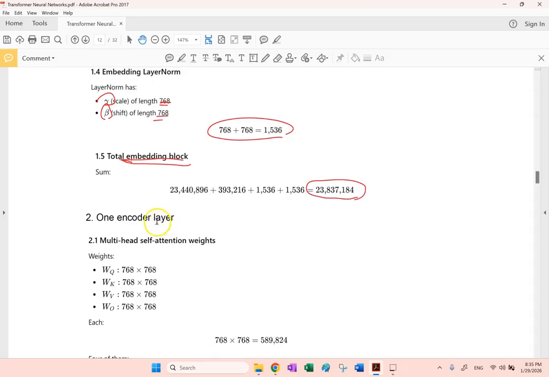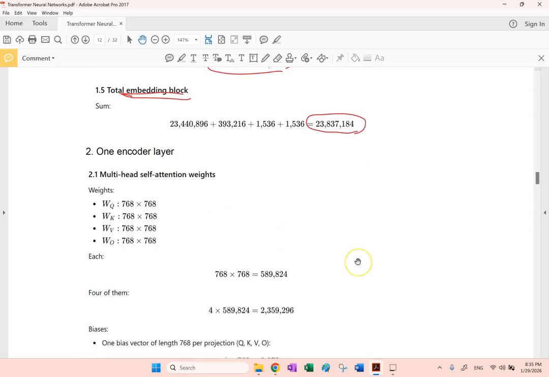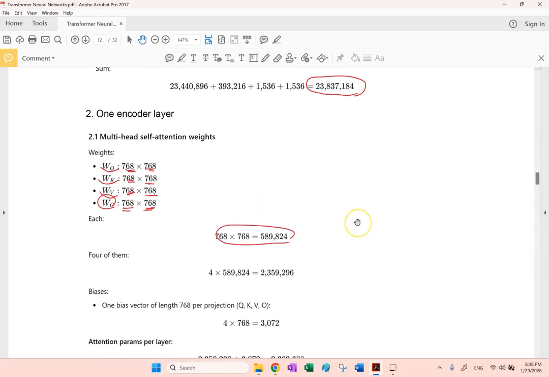Now look at one encoder layer which has a multi-attention head in it. Remember, each attention head has WQ matrix, WK, and WV. Their dimensions were D model by D model. Okay? And you had this WO, the final one, which has similar dimension. So here you're looking at about 600,000 weights for these matrices.